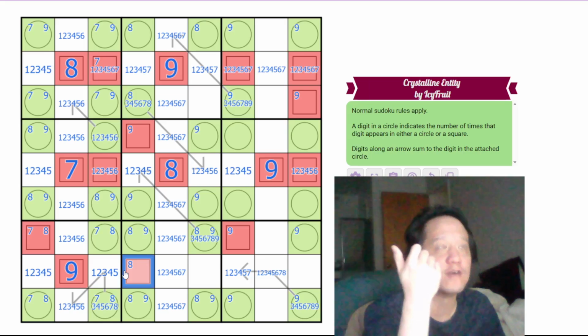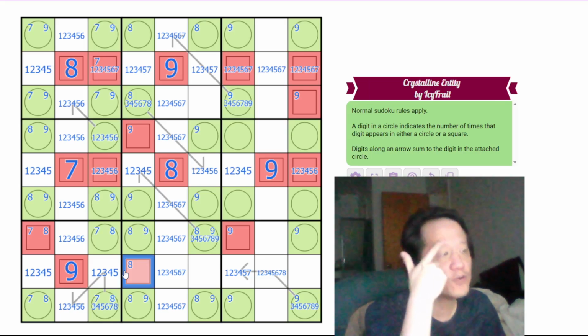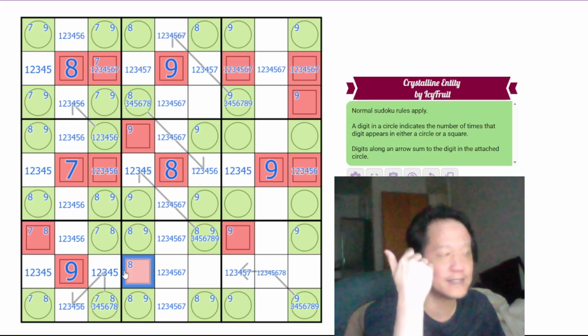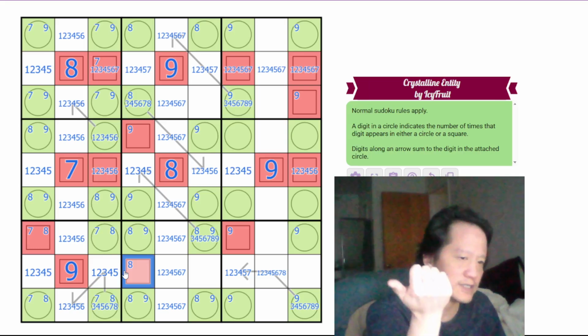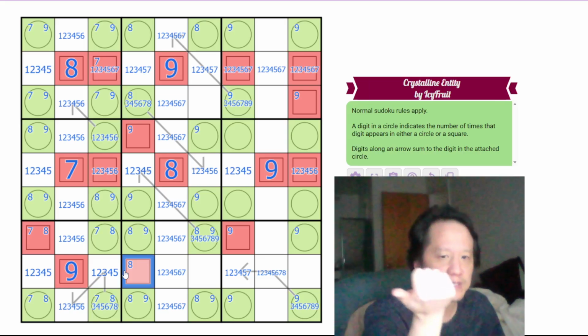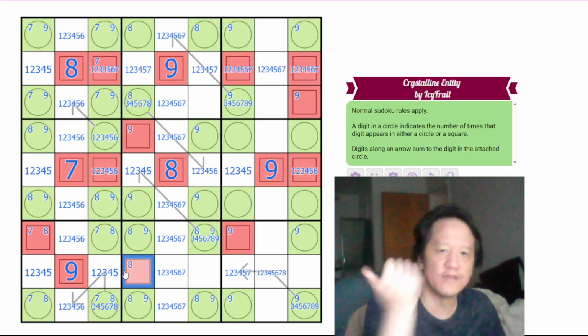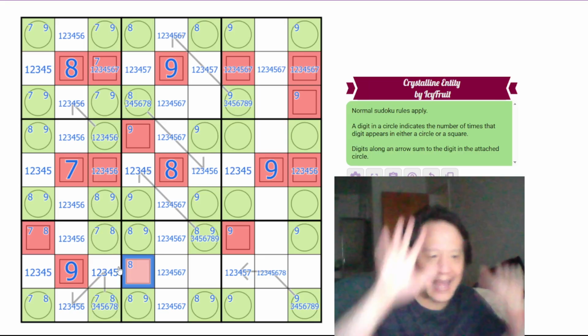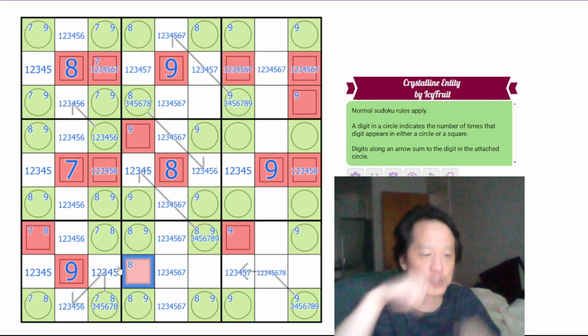So let's say you have a 6 that's missing. Well, obviously 6 can't work. If you have a 5 that's missing, actually let's work with 6. If you have a 6 that's missing, that means you have to have 8 sixes left over in squares.